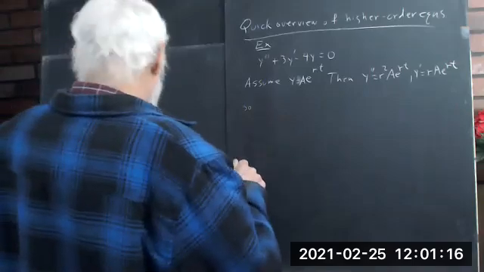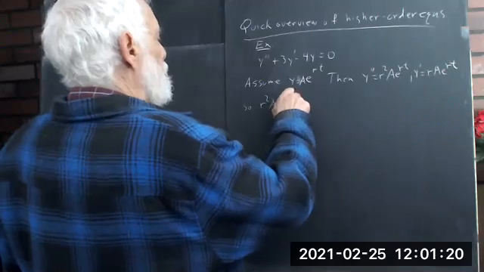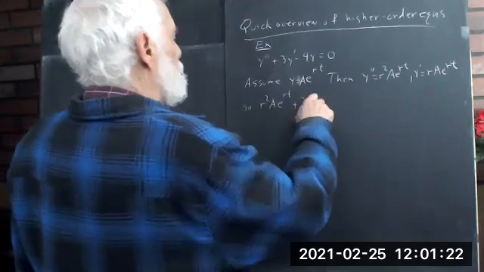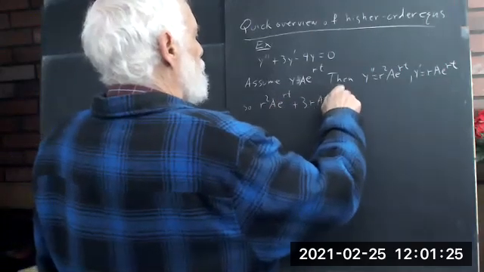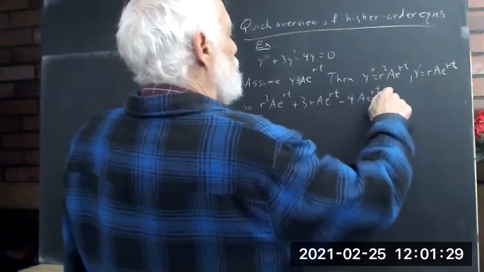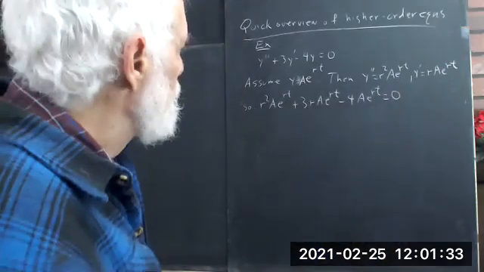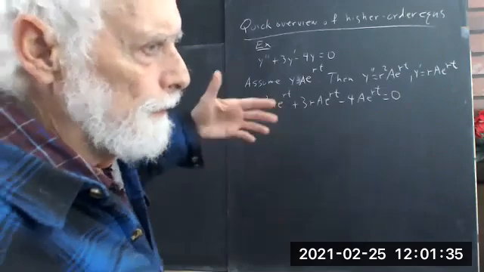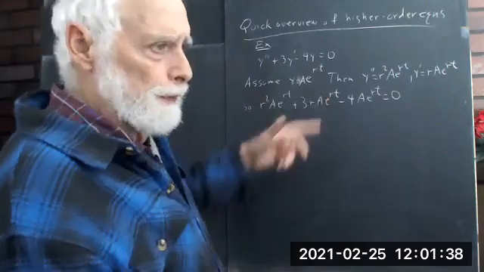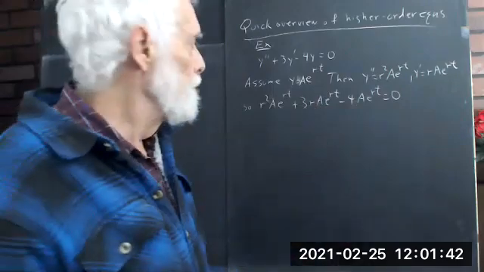So what we get is r squared A e to the rt plus 3r A e to the rt minus 4A e to the rt equals 0. Now there's a motivation for using this exponential, because go back to just first order equations.